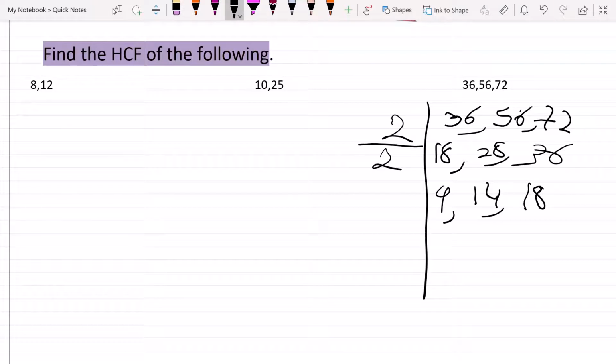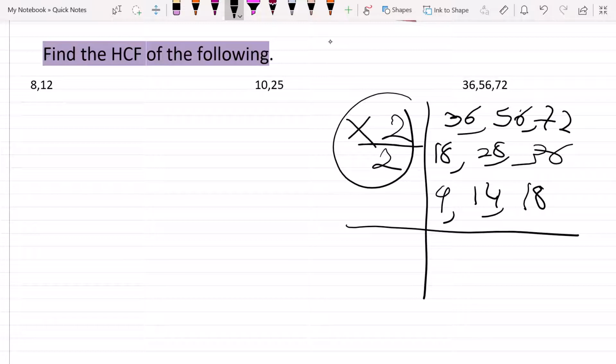Here we have come to our last step, which is just multiplying those numbers together, because there isn't any factor that is divisible by 9, 14, and 18. There's only a factor that's divisible by 14 and 18, and then by 9 itself. So this is how we stop and multiply those numbers together.